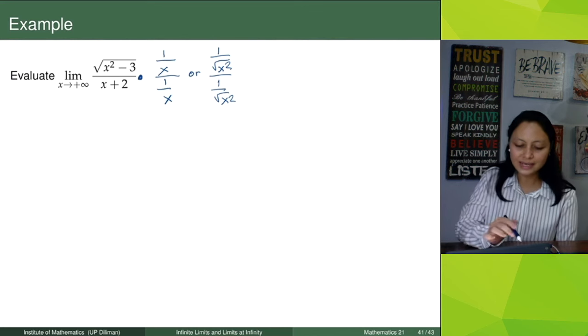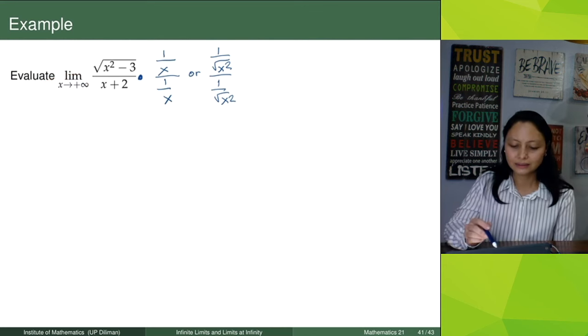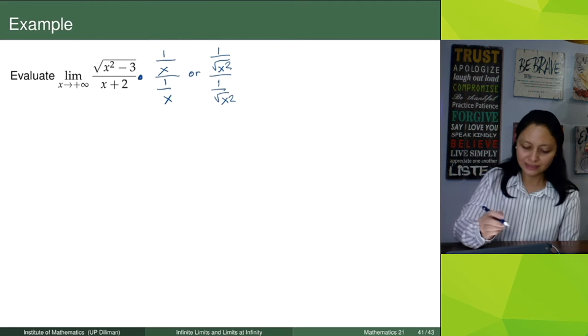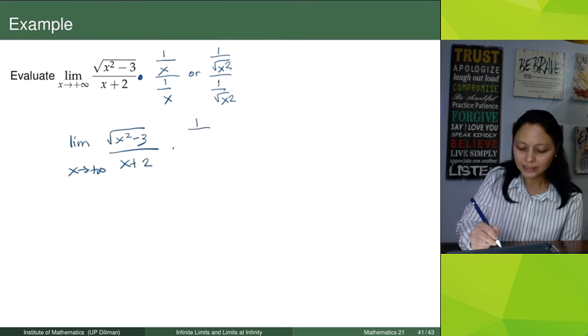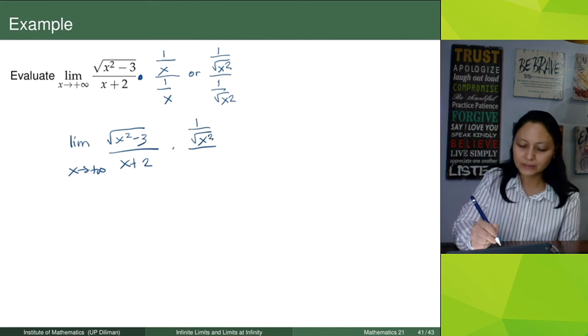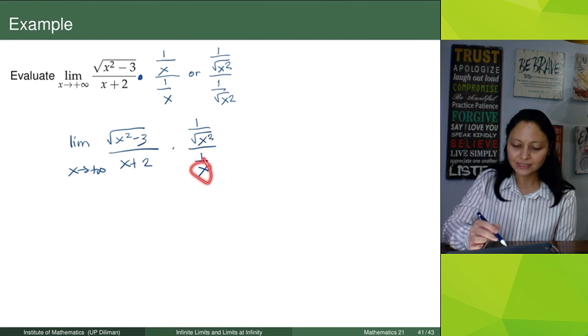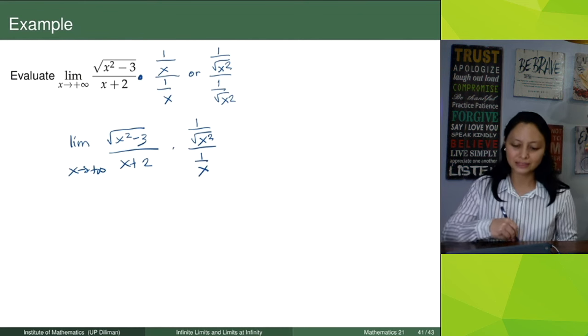And since x is approaching positive infinity, the square root of x squared is equal to positive x. So let's rewrite that. For the part with the square root, the multiplier we will use is 1 over the square root of x squared. But in the denominator, 1 over x is okay, again positive x, because x is approaching positive infinity.